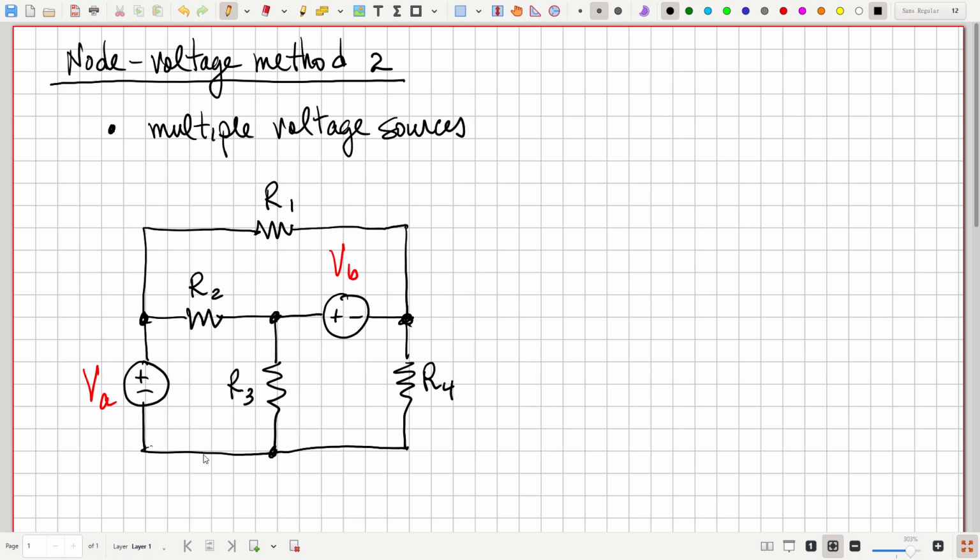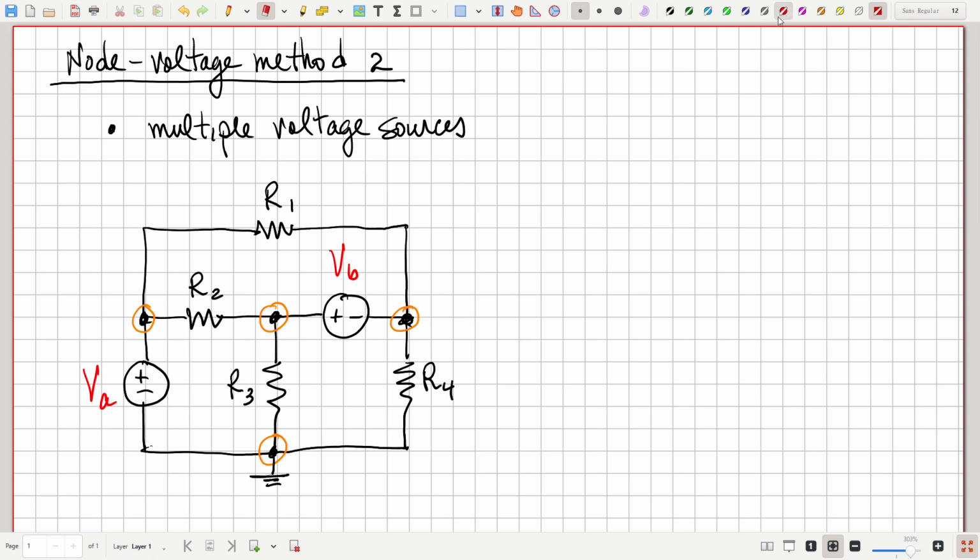All right, so we get to first of all identify all of our essential nodes, 3 or more devices connected. We got 4 of them. We can choose one to be our reference. Let's choose this one here. We could also have chosen this because that's connected to a voltage source, but let's choose that.